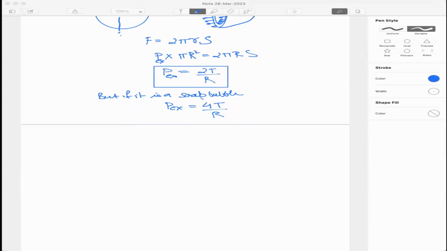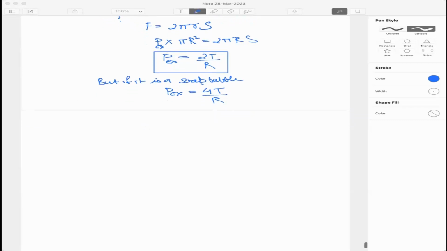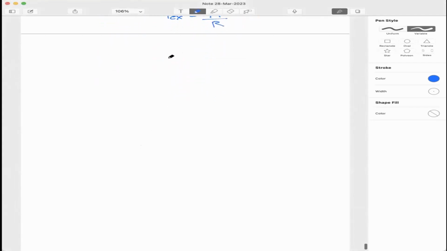You can also find this excess pressure with the help of the work done in expanding a bubble. I'm not going into that because the formula is important for you, but I can take it, just briefly going through it.